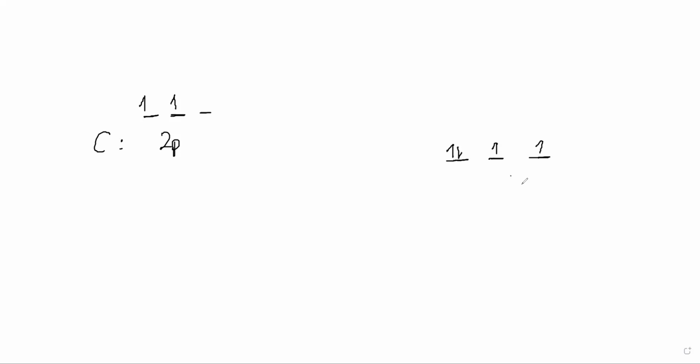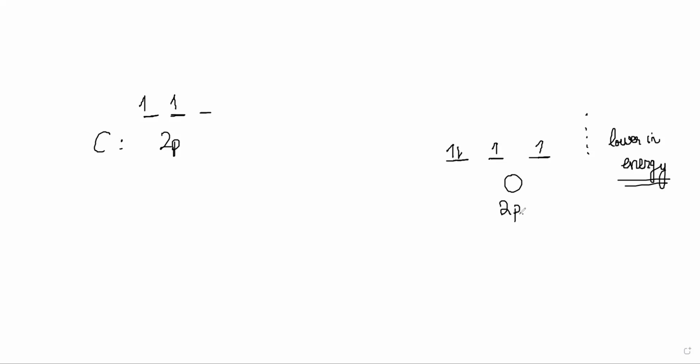This is oxygen, and I have drawn it slightly lower in energy. Why did I do that? First of all, it doesn't have to be equal energy because they are not identical atoms. So I have to decide which orbitals are higher in energy, oxygen's 2p or carbon's 2p?